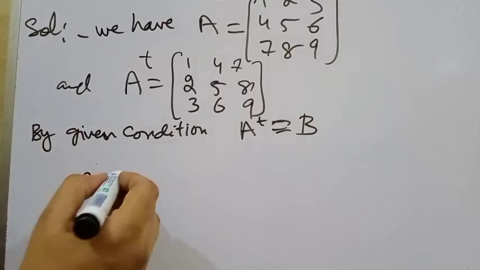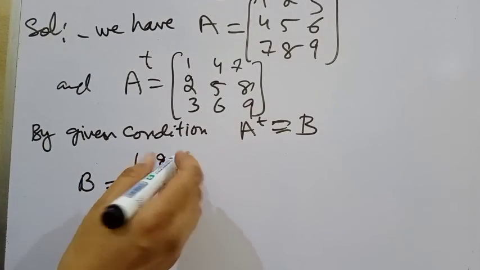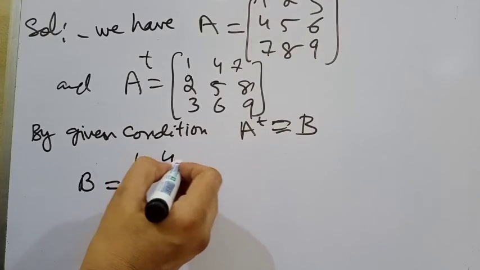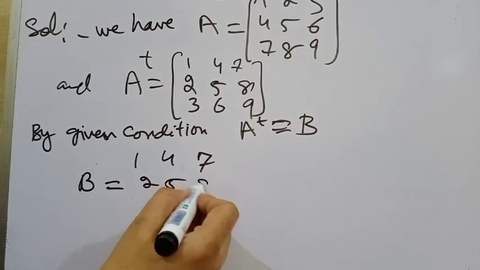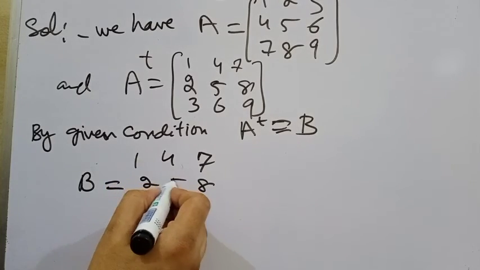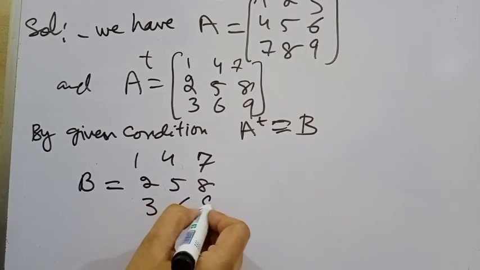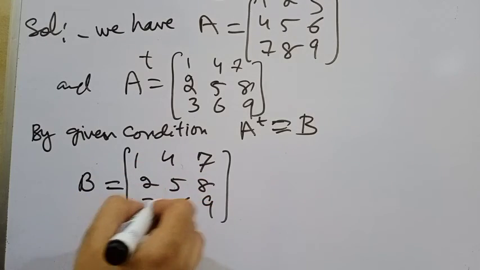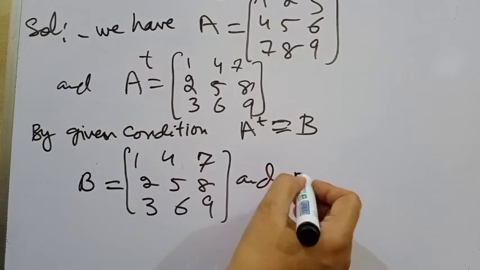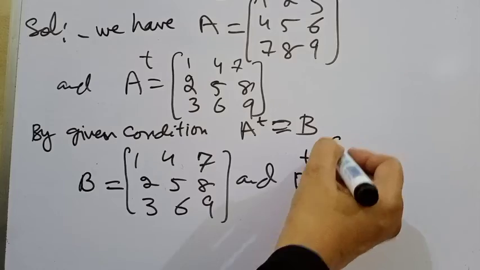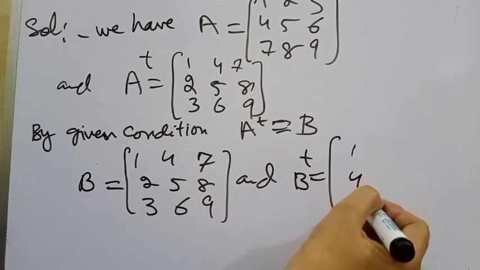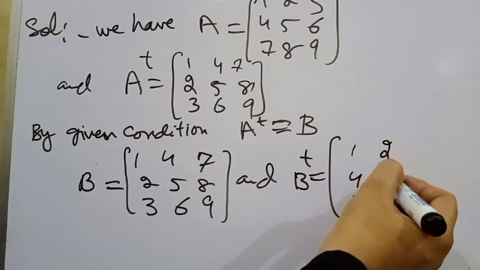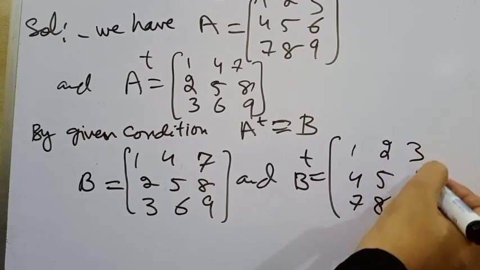We have B: 1 4 7, this is B 2 5 8, 3 6 9, and B transpose is equal to, this row becomes column, 1 4 7 2 5 8 3 6 9.